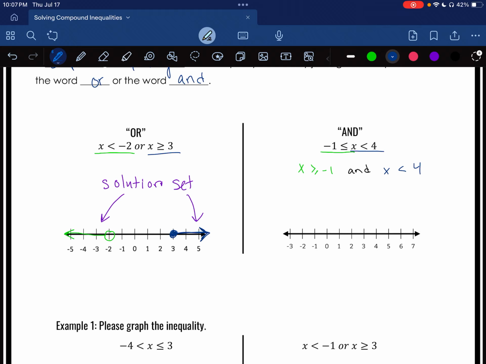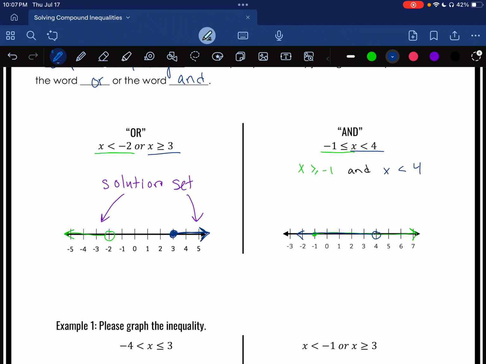So let's go ahead and graph these and see what happens. So X is greater than or equal to -1. If I fill that in there, and I draw my arrow to the right, that's that one. Now here, I'm going to have an open circle at 4, and that would go to the left.